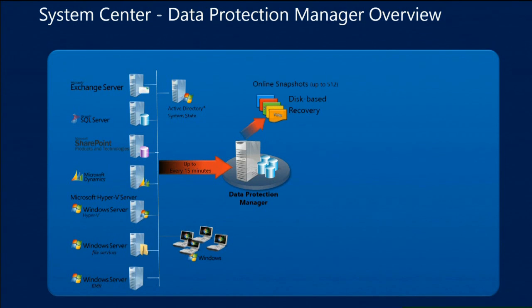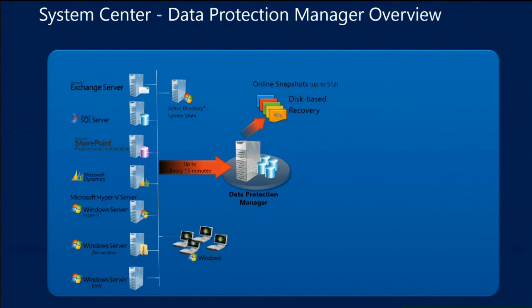It can protect to a disk, and DPM leverages a technology called VSS, which is a unique technology that helps you back up data in an application consistent manner, which means that if you have a SQL database, a particular transaction is either in or out. This means that when you recover the data, it's in a usable state. It's not somewhere in the middle where you cannot use it. That's the capability that we bring in here.